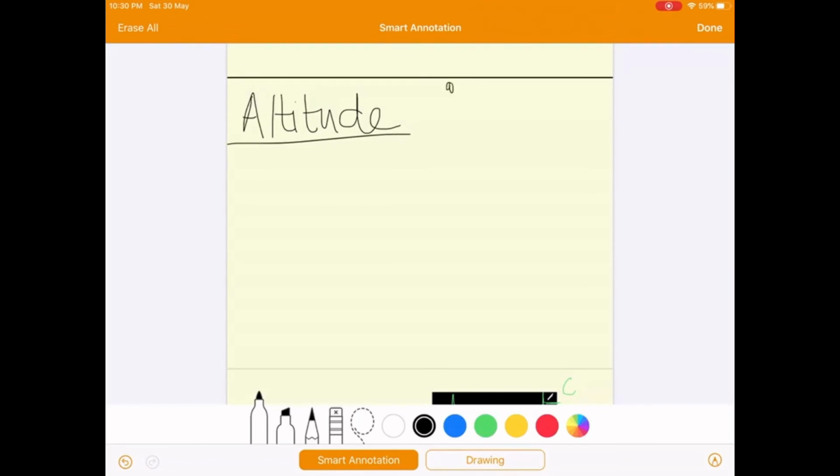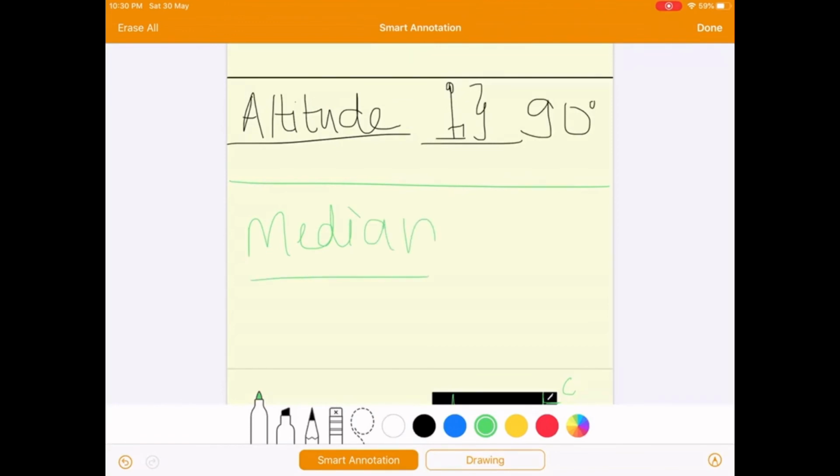From one vertex to the opposite side it draws a perpendicular, and that line segment is known as altitude. This perpendicular means 90 degree. And what is median? Median goes from a vertex to the opposite side, but it divides it into two halves, means this is equal to this. So this is median and altitude.